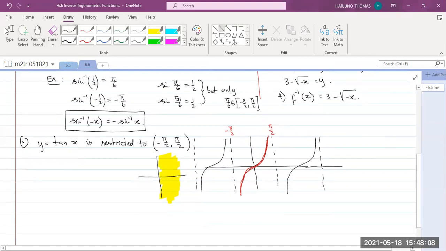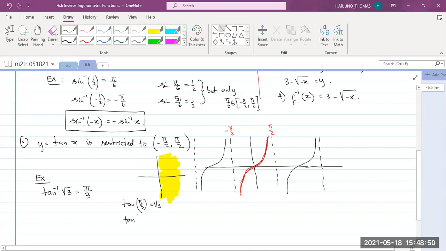Okay, so for example, what is tangent inverse of radical 3? Tangent of what angle is radical 3? That's pi over 3, and 4 pi over 3 also gives you radical 3, right? Tangent of pi over 3 is radical 3.